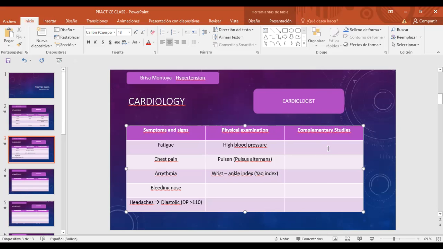So let's go on to complementary tests. What would you ask for, as the doctor that you're going to be, in a patient with hypertension? First of all, if it's a woman, a pregnancy test. What else?